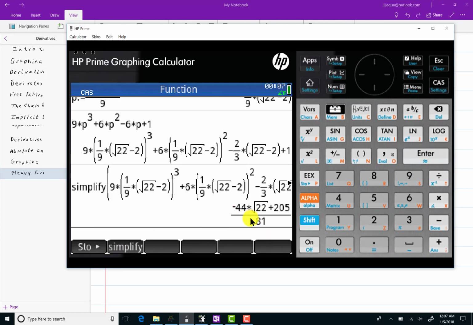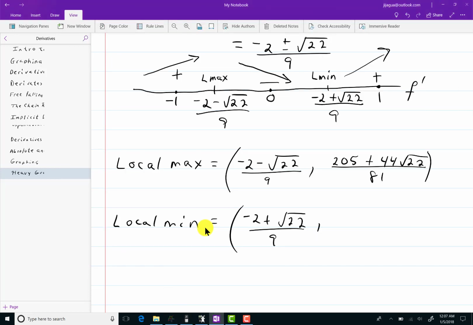This shouldn't surprise you. This part right here, this is like the conjugate of the other one, and that shouldn't surprise you because they were zeros of a quadratic. So I have 205 minus 44 radical 22 all over 81. Now, where is it increasing and where is it decreasing?